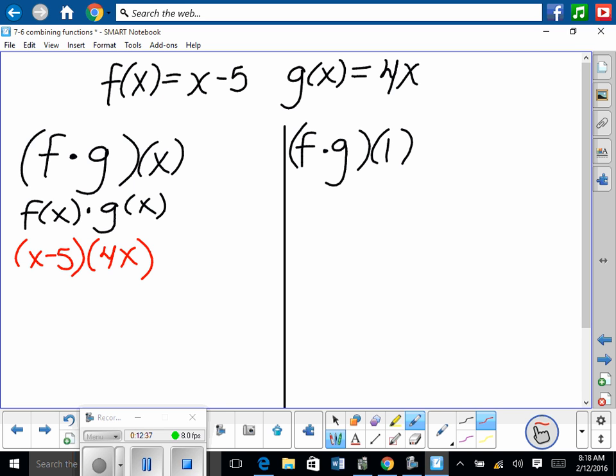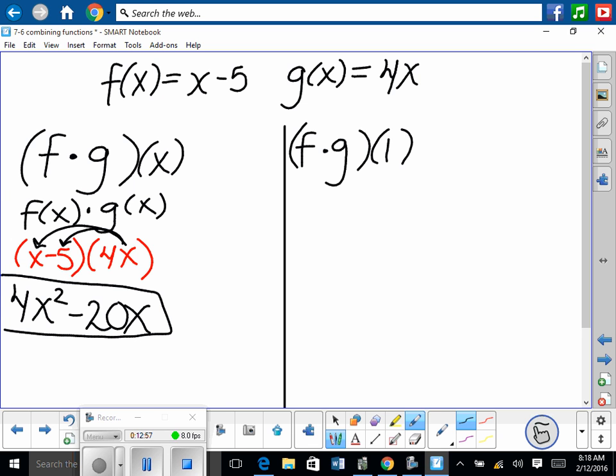So we're multiplying all of this with all of this. So in this one, are we going to double distribute? So multiply each term with each term. 4x times x is? 4x squared. Good. And then 4x times negative 5. Negative 20x. And are we done? Yes. That's f times g of x, right?